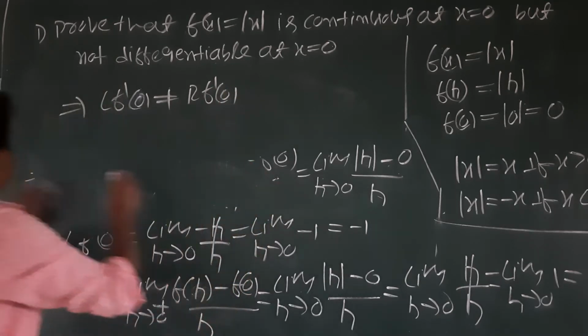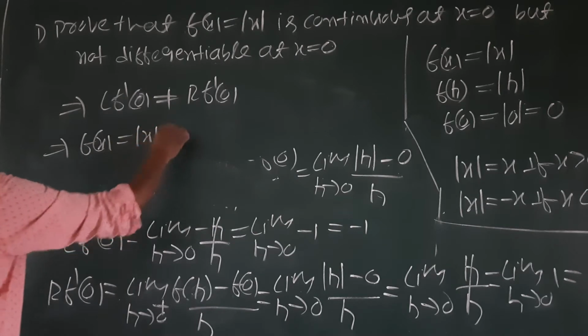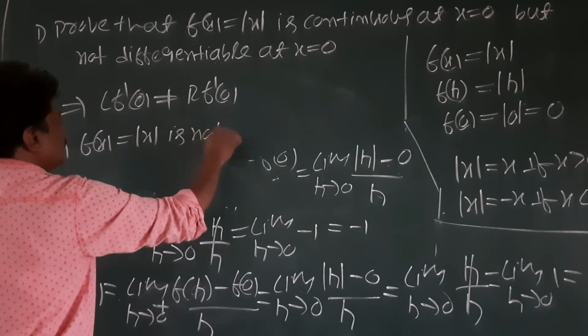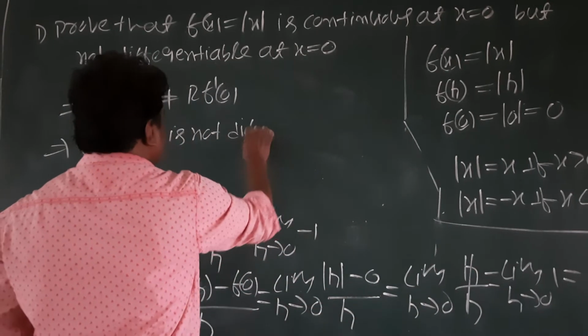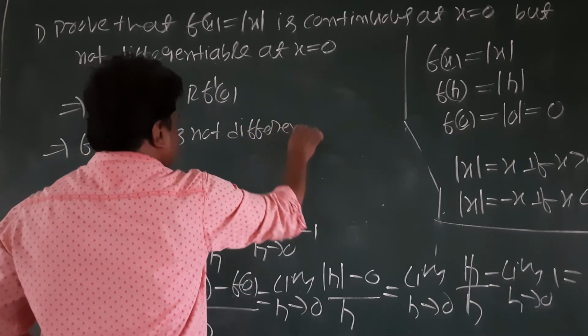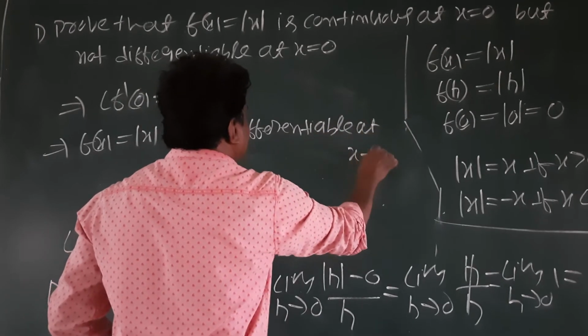So that implies f(x) equals mod x is not differentiable at x is equal to 0.